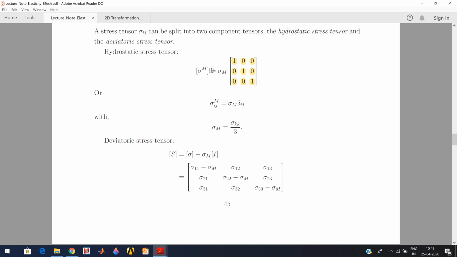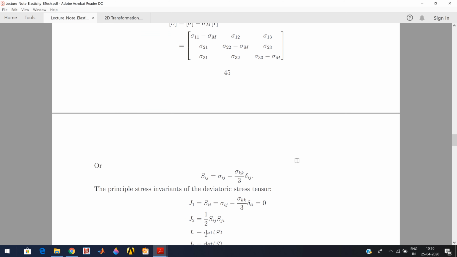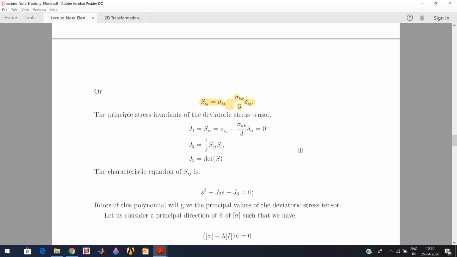And then the remaining part will be the deviatoric stress tensor, which is defined as S, which is sigma minus that hydrostatic stress tensor, and we will see this will be the expression of the deviatoric stress tensor, which in index form is written like this.